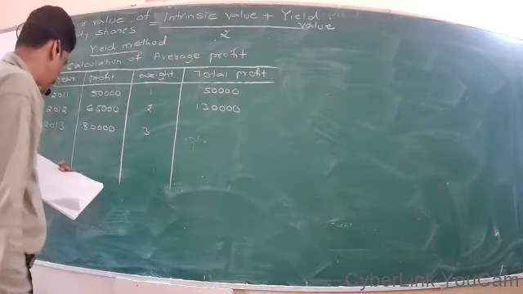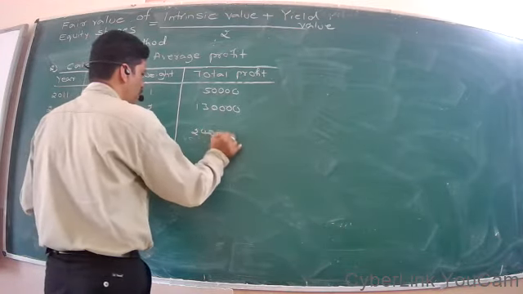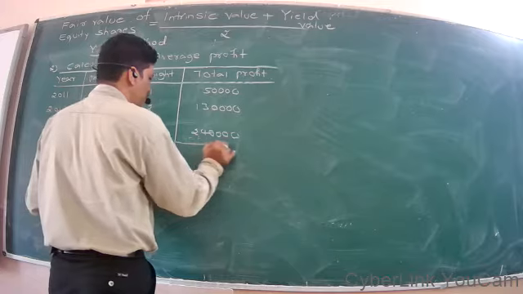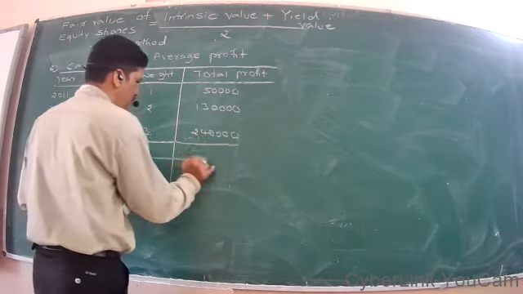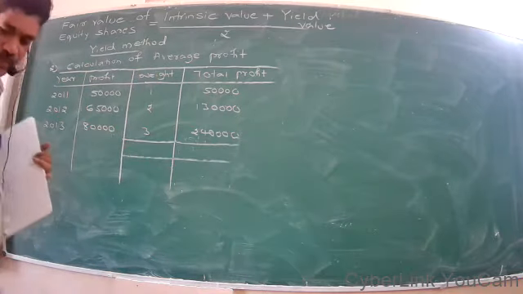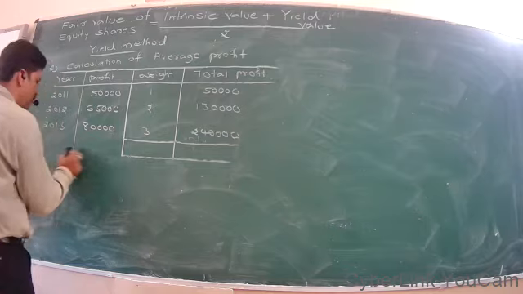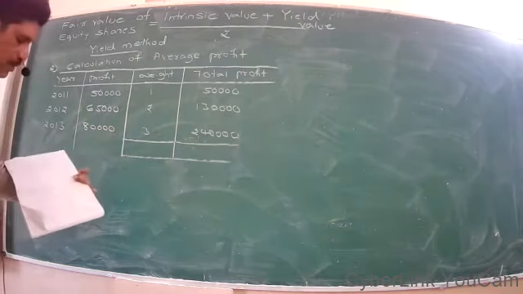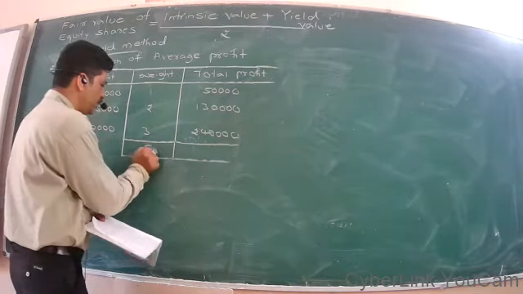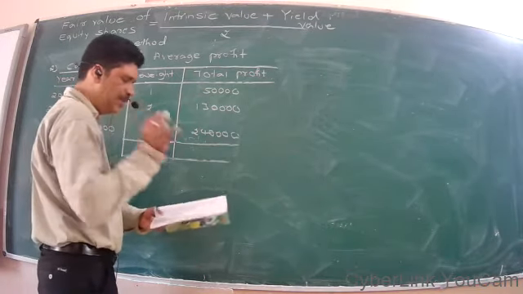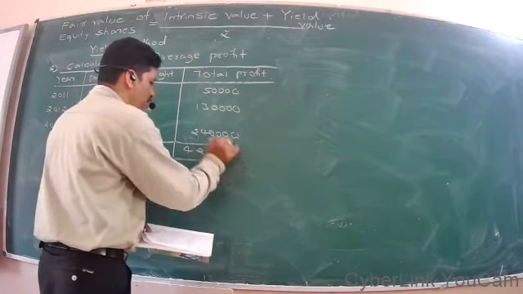Next, 80,000 into 3 is 2 lakh 40,000. So the total of the weights is 6, and the total of profit is 4 lakh 20,000.